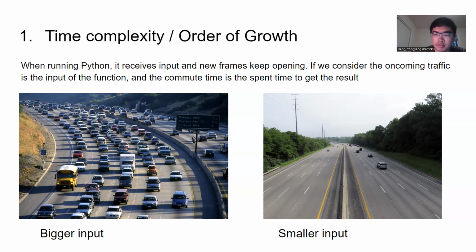If you consider oncoming traffic as the input of the function, the commute time is the time spent to get a result. Suppose allowing one car to go through takes the same time. Then with 1,000 cars or 10,000, you spend more time than with only 10 cars.